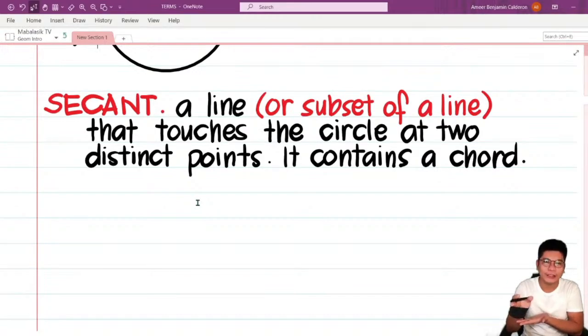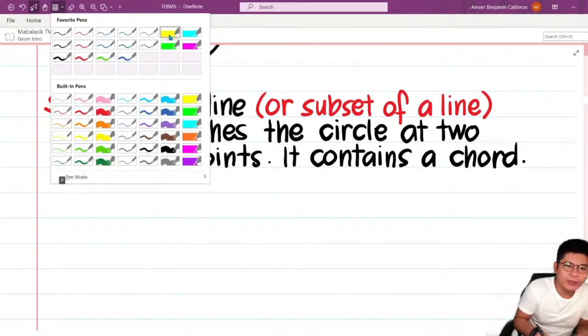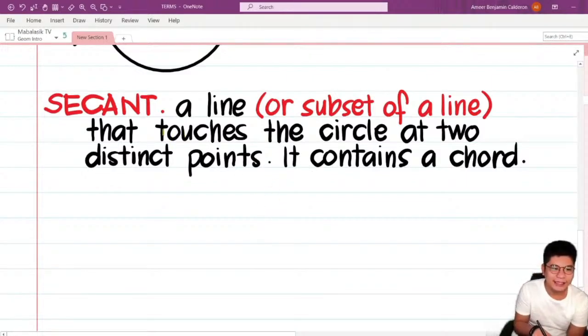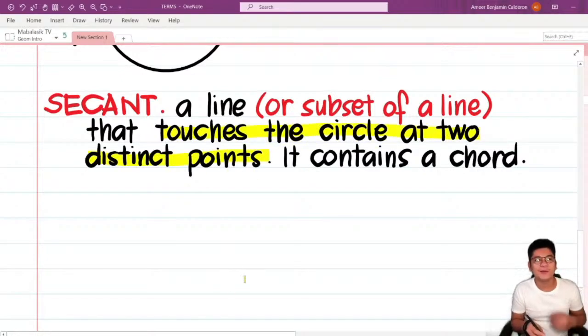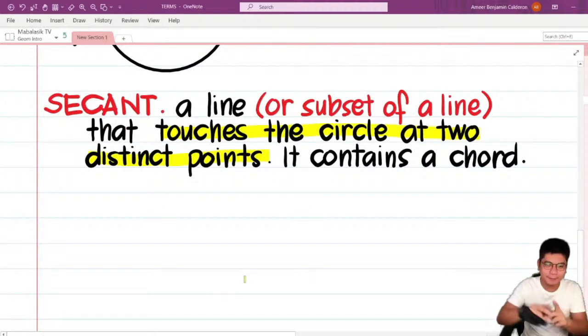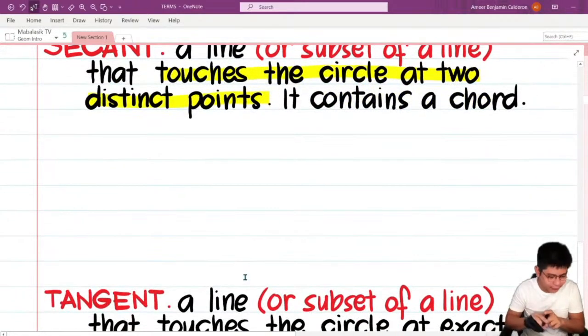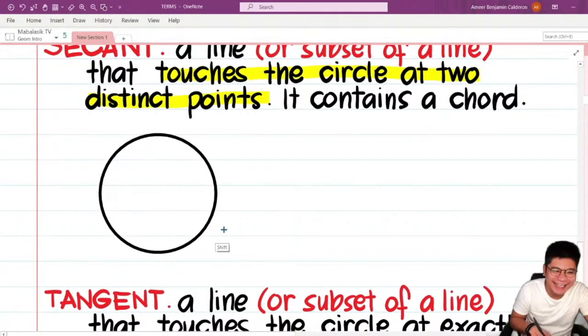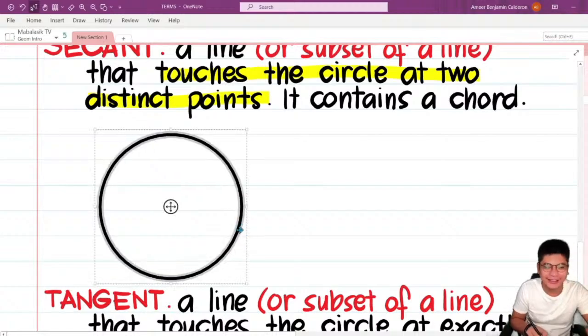It contains a chord. So, what we want to take into consideration is that a secant touches the circle at two distinct points. Magkaibang point, dalawa. So, if we are going to draw a secant, we have to draw a circle first. So, this is our circle.